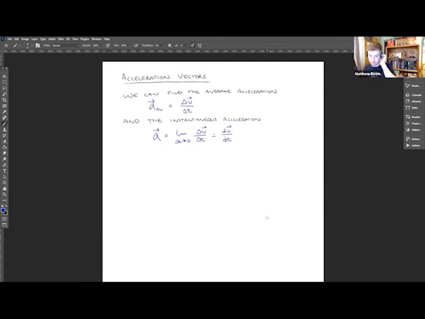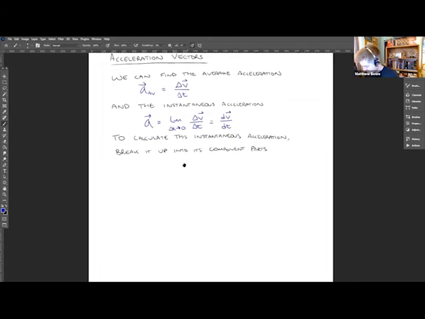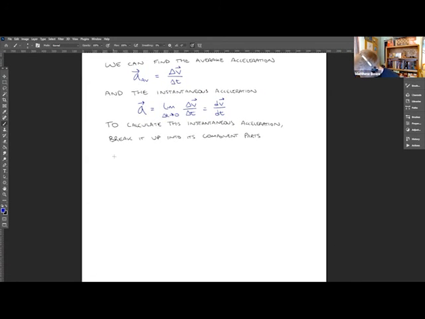Now, to calculate the instantaneous acceleration, you can break it up into its component parts, like we've done before with the velocity. So we have this acceleration, well, actually, no, I started before. Now with the acceleration, first we need to figure out what velocity is. We just went over this a couple minutes ago.